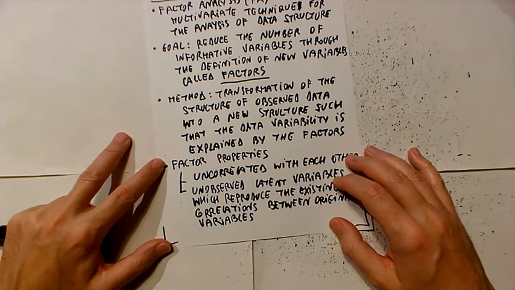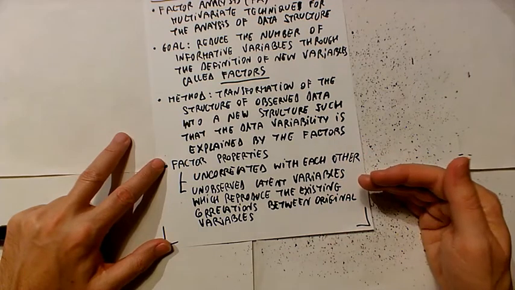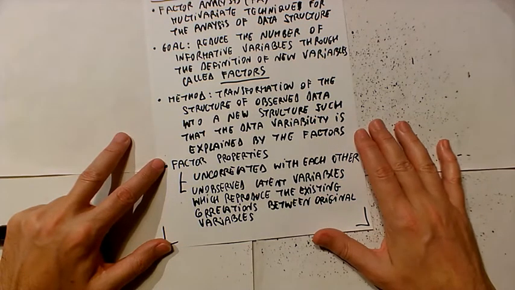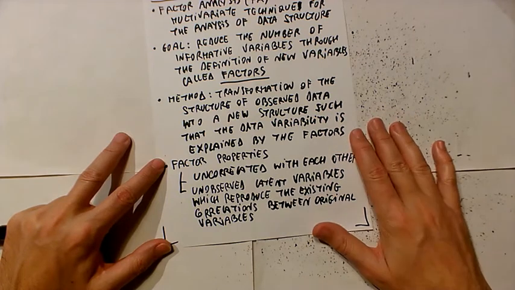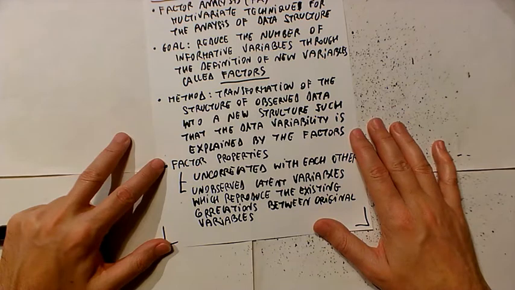I mean, there are different possible ways to sum up the information provided by a given data set, provided by the original observed variables, finding new factors.